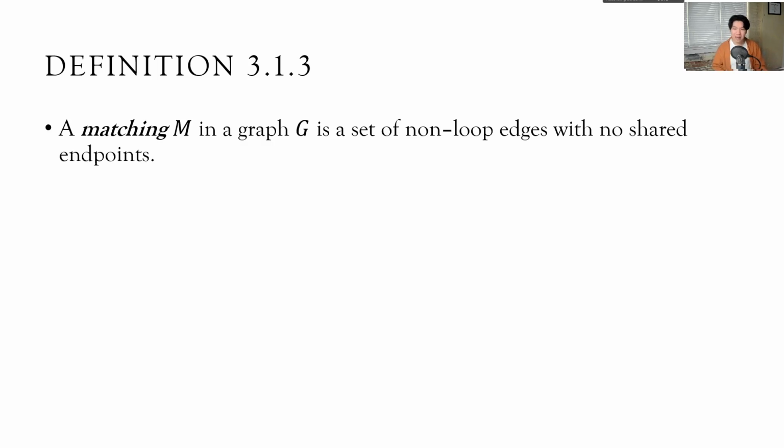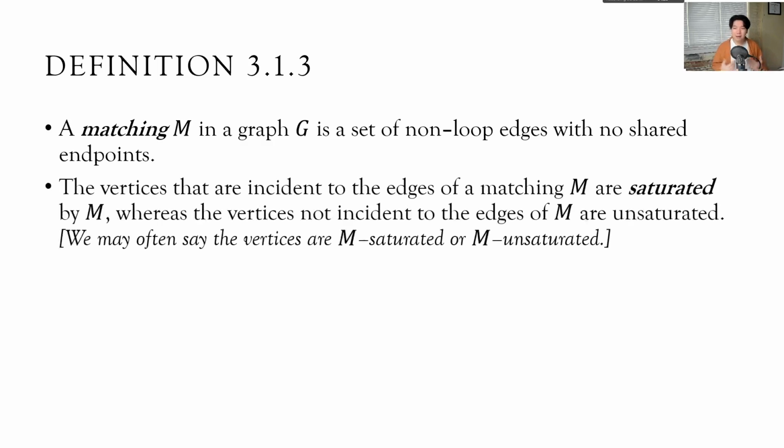If I have a matching, the vertices that are incident to the edges of a matching M, we say that those vertices are saturated by M. Whereas the vertices not incident to the edges of M are unsaturated. To make this sound a little bit quicker, we often say vertices are M-saturated or M-unsaturated. This is a nice terminology, just simply stating, is my vertex incident to an edge of my matching M.